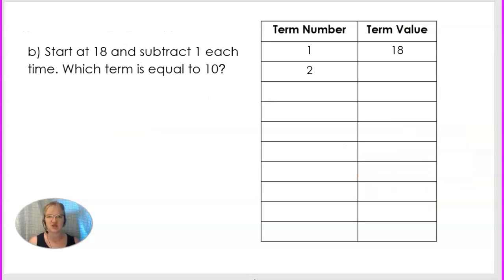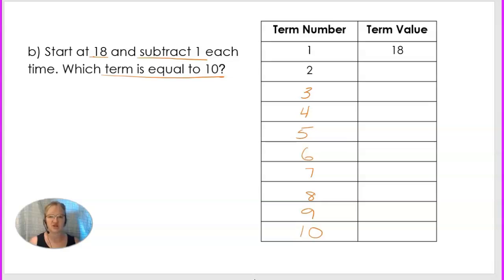Here it says to start at 18 and subtract 1 each time. So here we have a decreasing sequence. So our term number, 1, 2, which term are we going down to? It asks us which term is equal to 10. So that means we want the 10th term number. Let's fill these in. 10 term numbers.